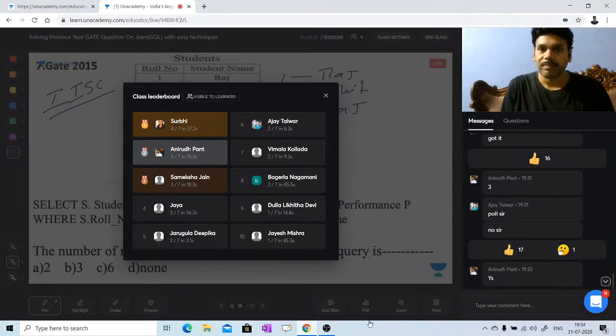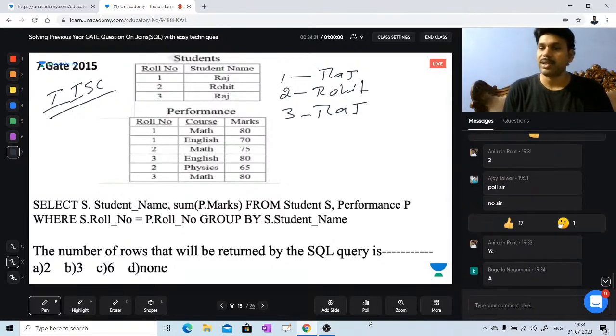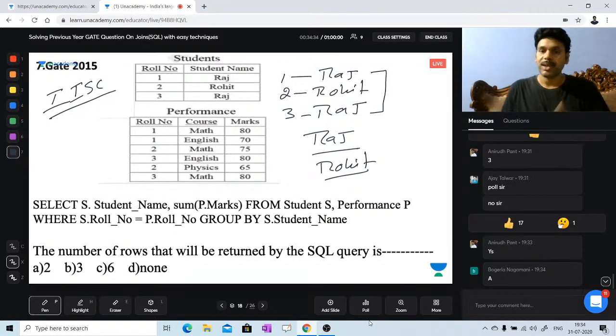So the answer you're all guessing: many people guess that the answer is 3, but that is wrong. Why? Because Raj and Raj together are clustered. So your final is Raj and Rohit only. You're going to get 2 records. Okay, so let's crack the next question.